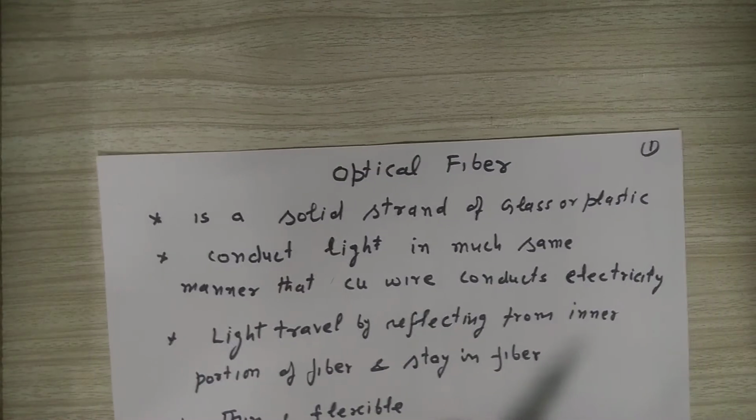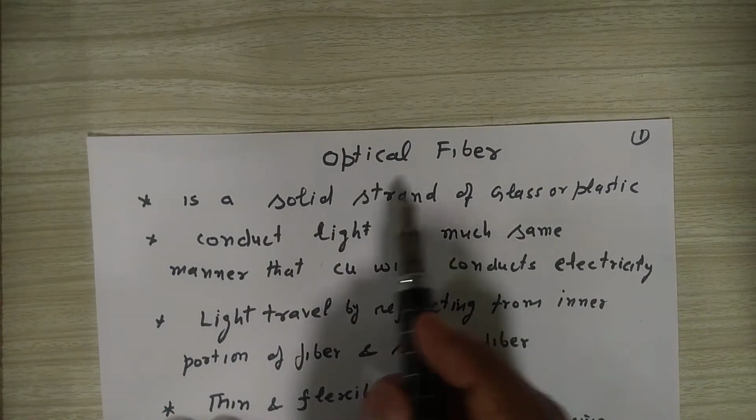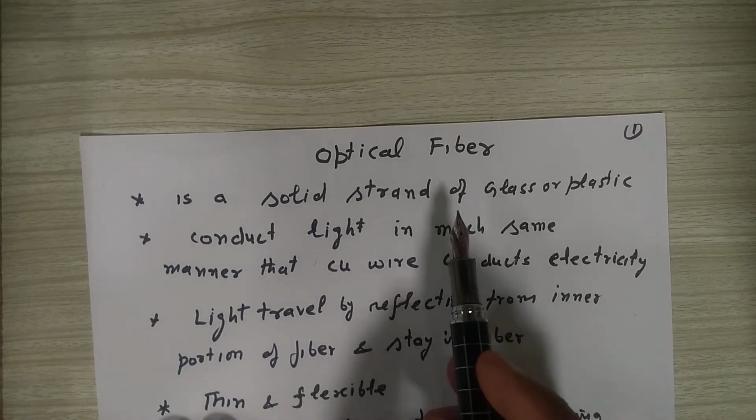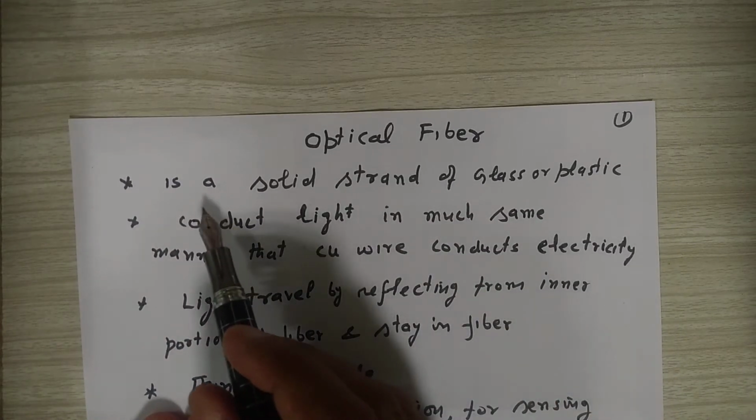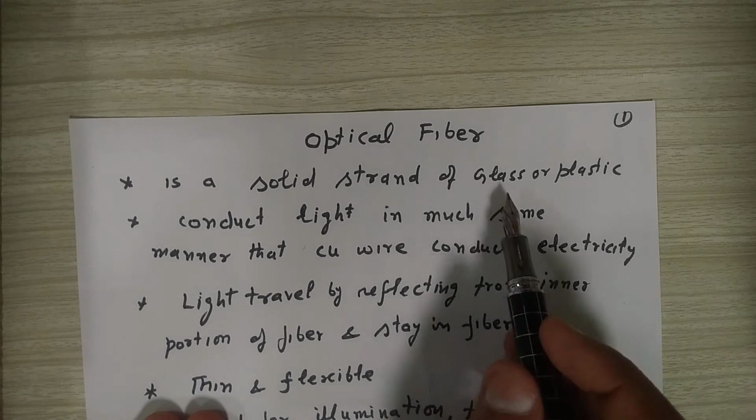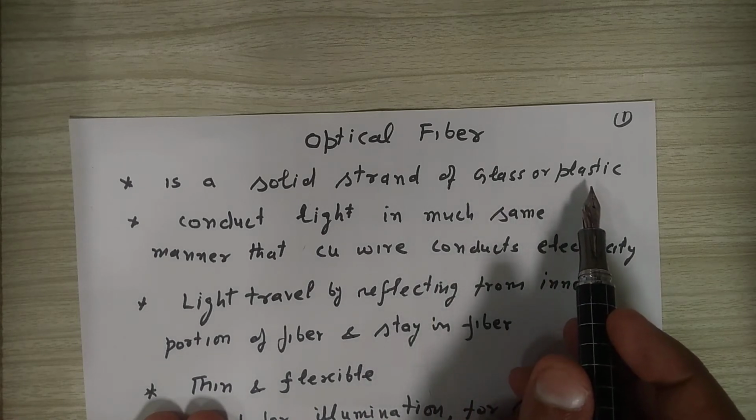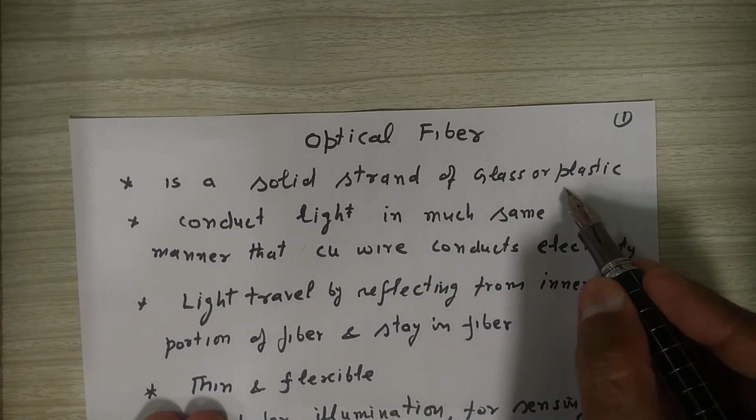So in the first introduction part, we will discuss regarding the optical fiber. We will define what is the optical fiber. So the definition of optical fiber is: it is a solid strand of glass or plastic like this.